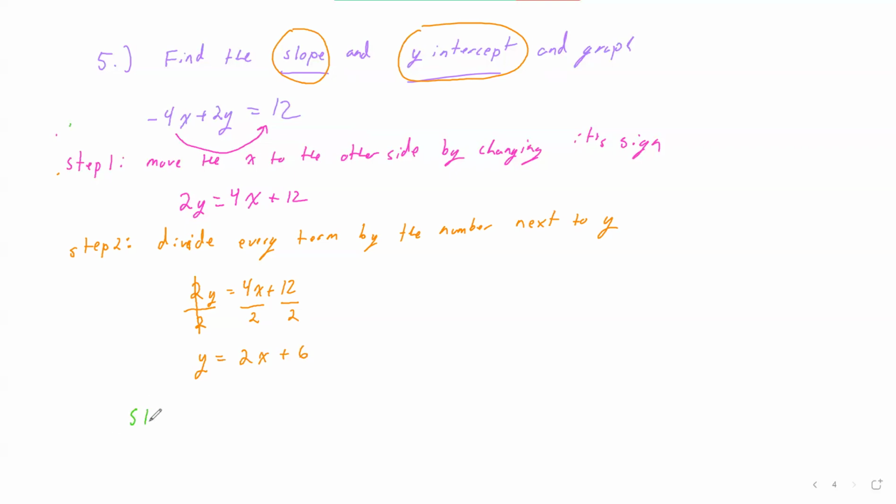Your slope, which is your m. Recall at the beginning of this lecture, I said y equals mx plus b. Which one of these numbers do you think is my slope?